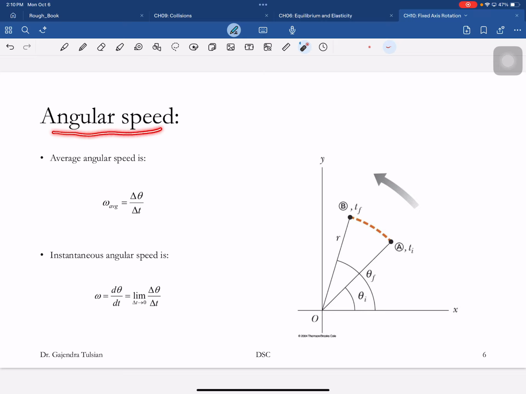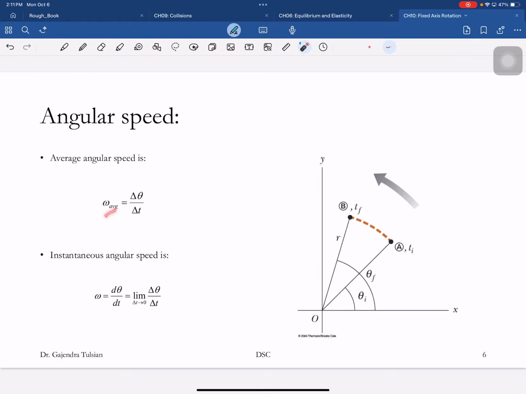All right, angular speed. Angular speed is the RPMs and all that you hear about. If something is rotating at 1,000 RPM, what does that mean? Yes, 1,000 revolutions per minute. Angular speed is denoted by omega.